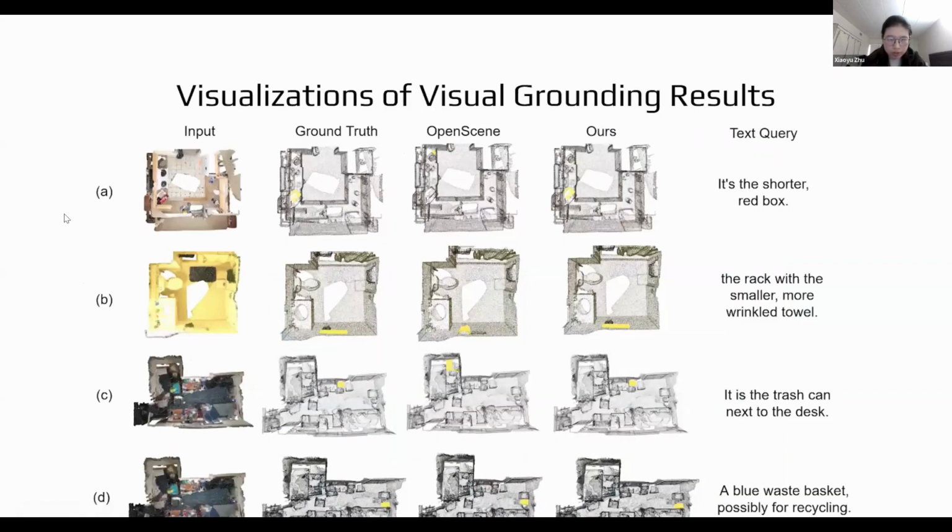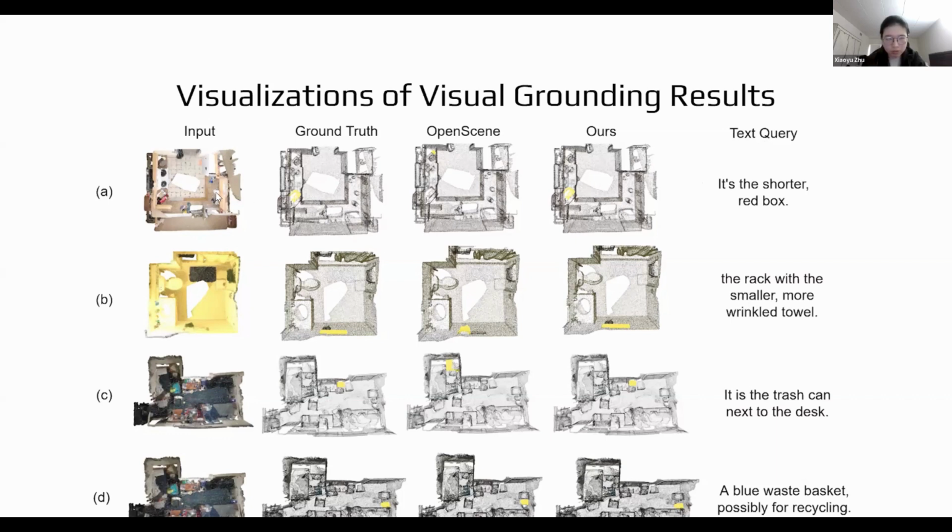Finally, we visualize some visual grounding results. For the evaluation protocol, we have an input 3D point cloud and multi-view RGB images, and the user will give a text query, and the text query may describe the object's attributes like shape and color.